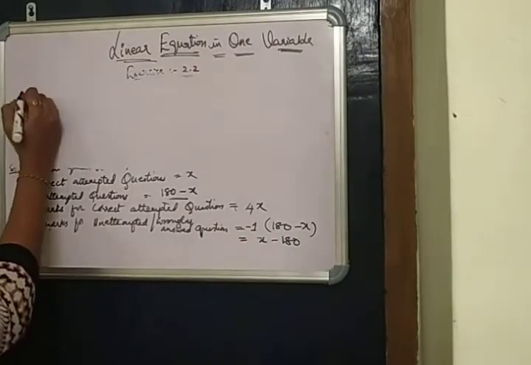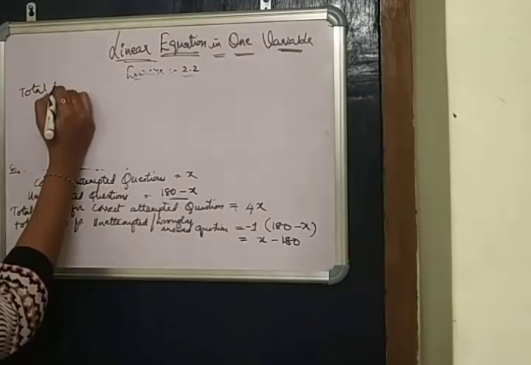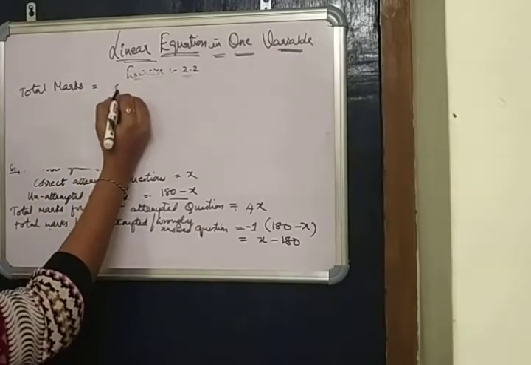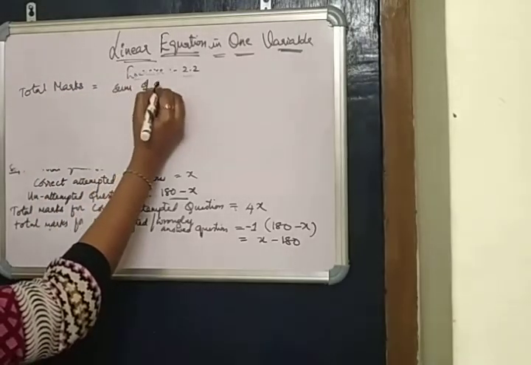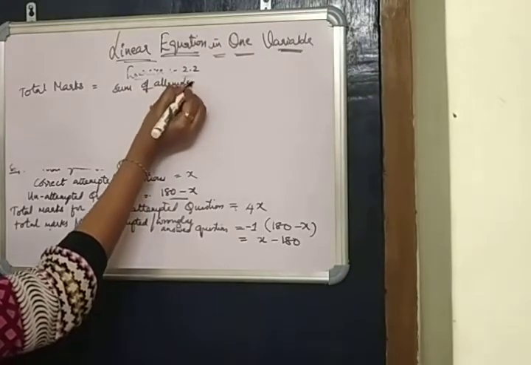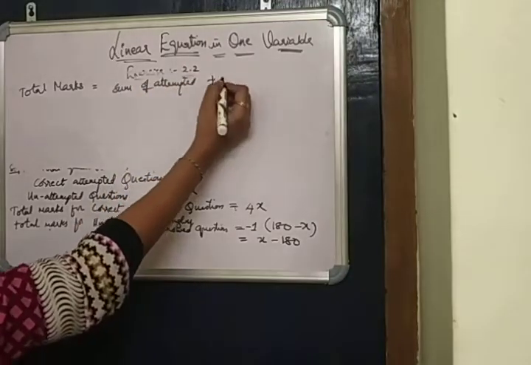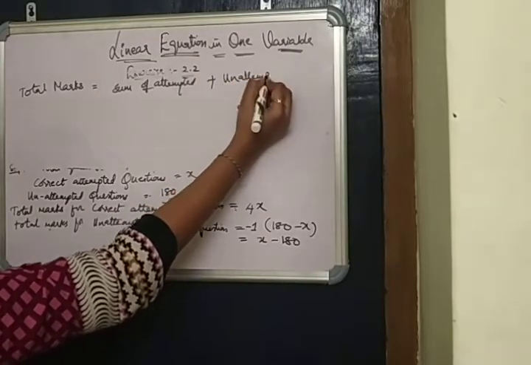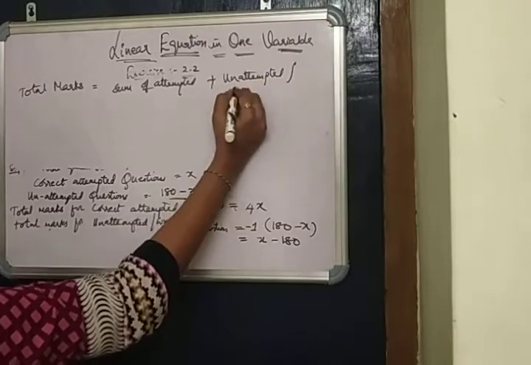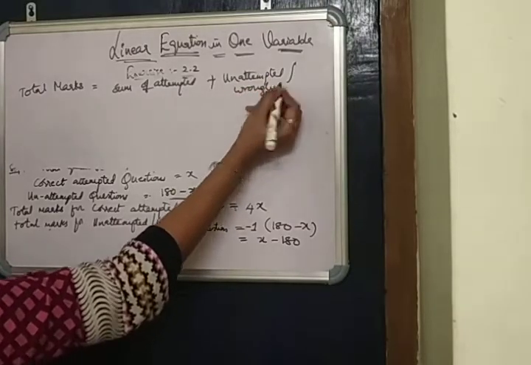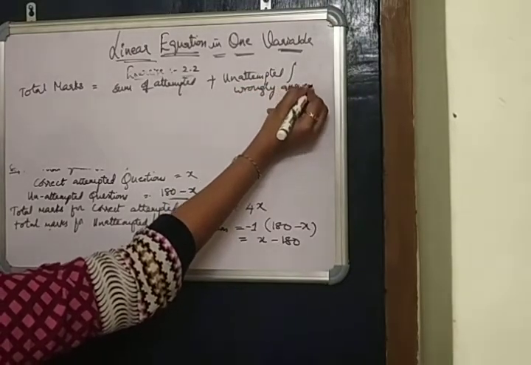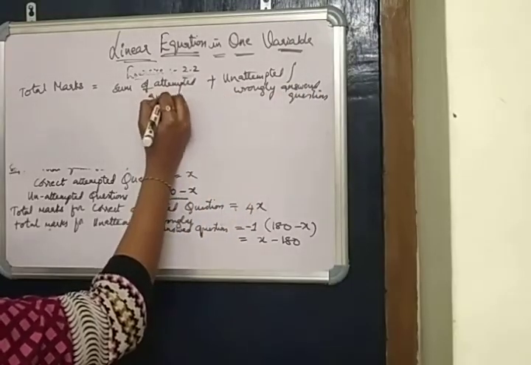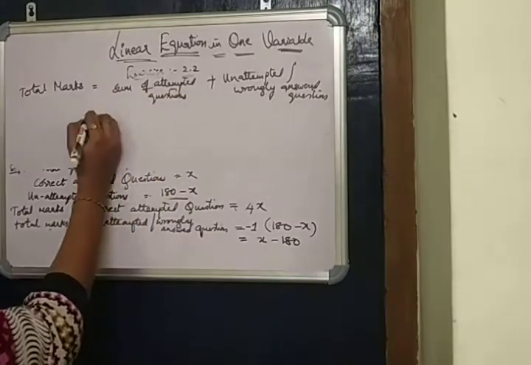Therefore, the total marks is equal to the sum of correctly attempted questions plus unattempted or wrongly answered questions.